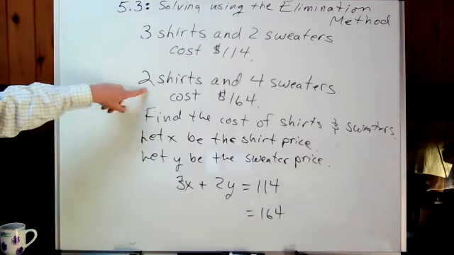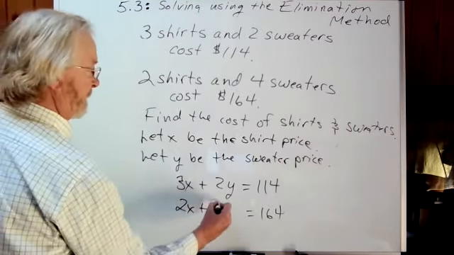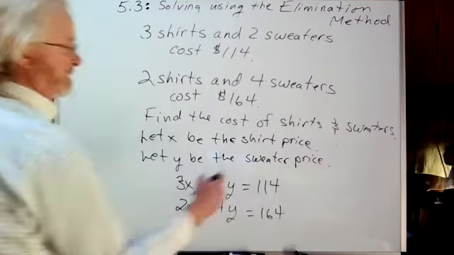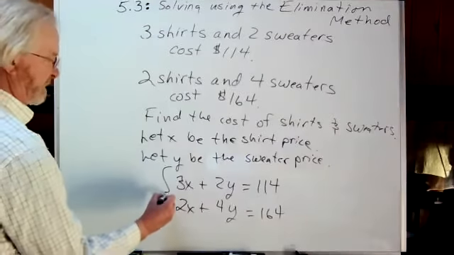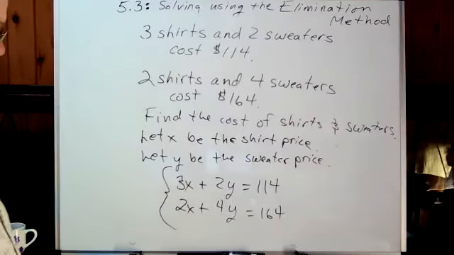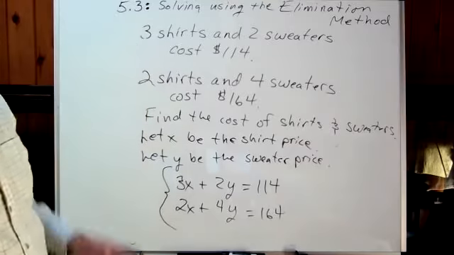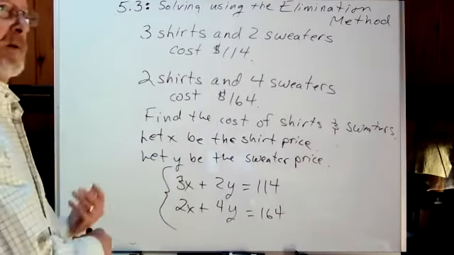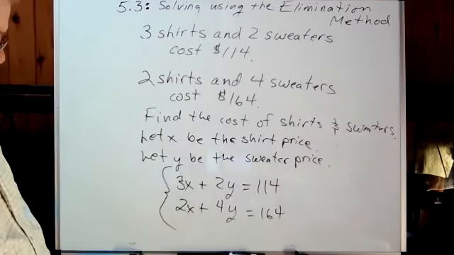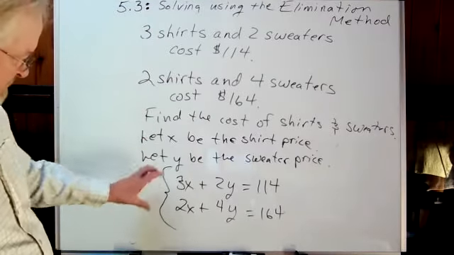This one says, 2 of the x's plus 4 of the y's, supposed to equal that amount. You seeing how I'm pulling that out, building those from that information. There again is that form with the x's and y's on the left. Numbers aren't too complicated or messy.